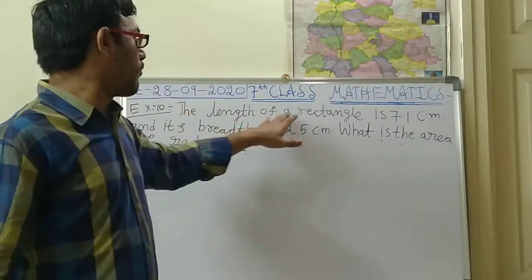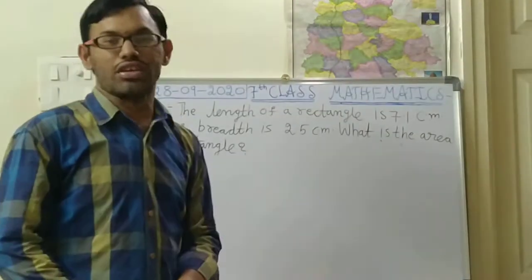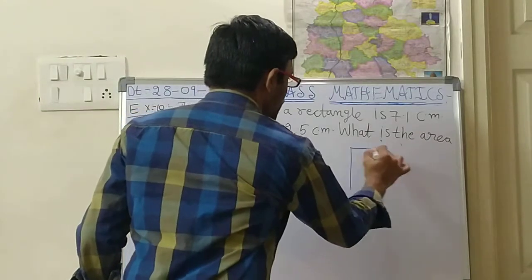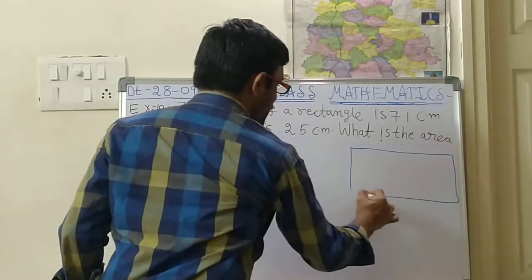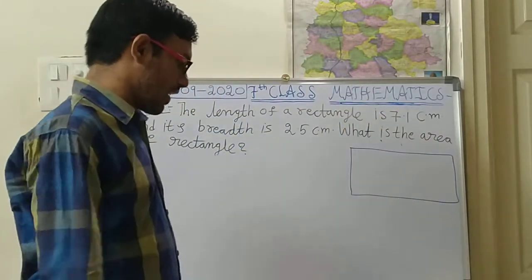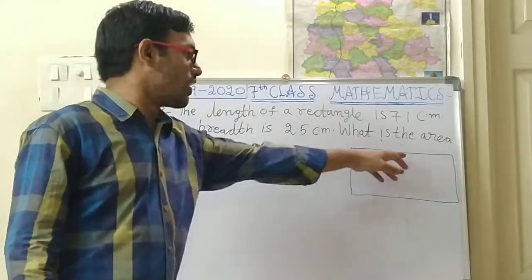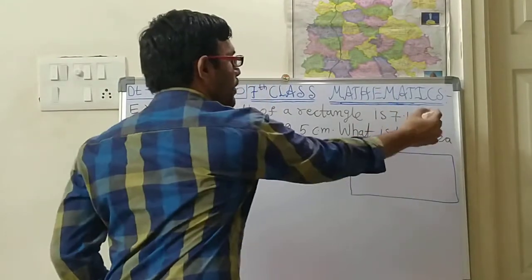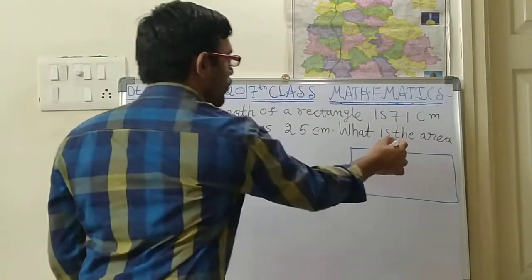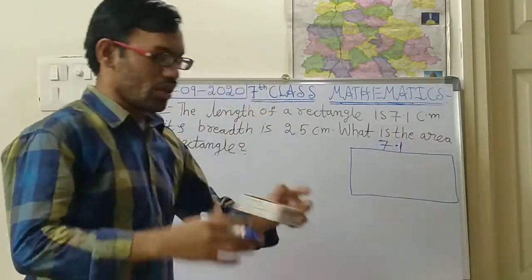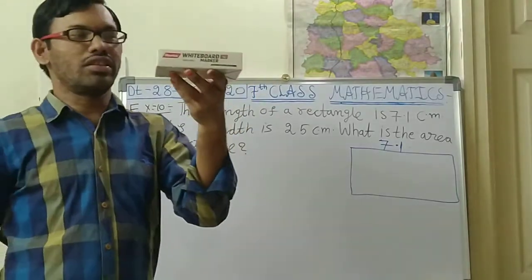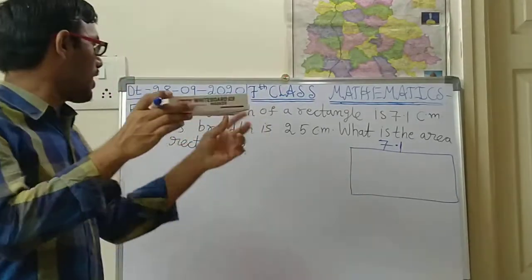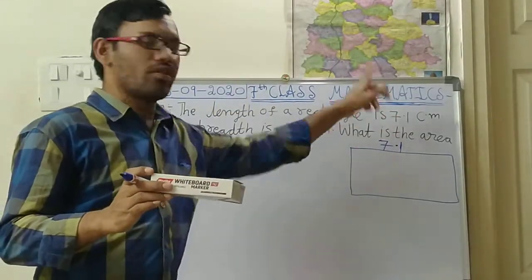The length of a rectangle is 7.1 centimeters. I think you know how the rectangle will be. This is the rectangle, children. For this rectangle, the length is 7.1 centimeters.